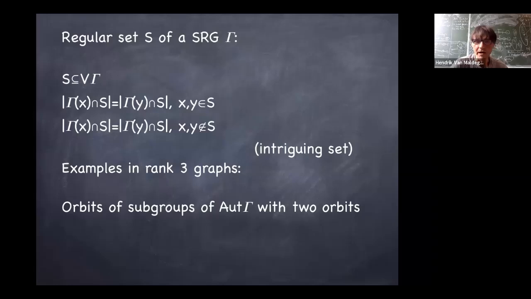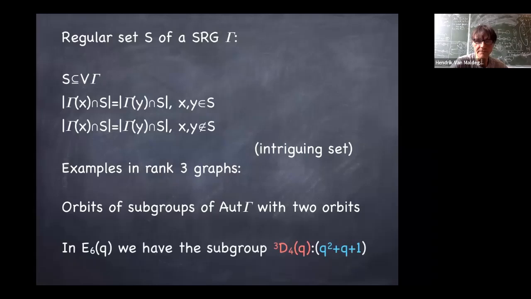And Andries has a program running that could find all these subgroups. And one of these examples in the E6Q graph was a subgroup of that shape.